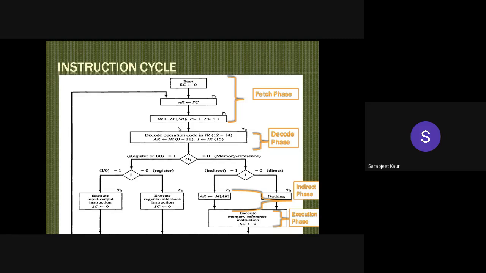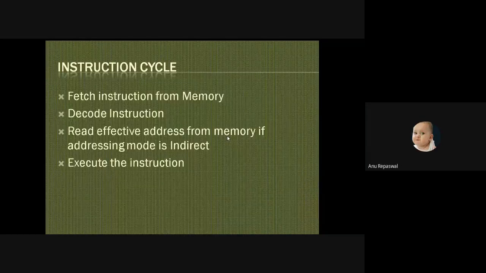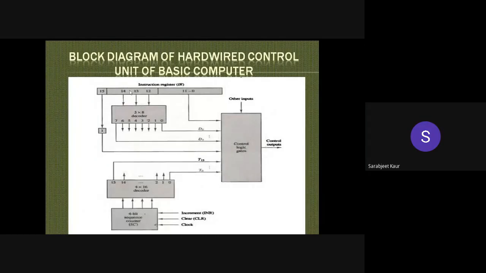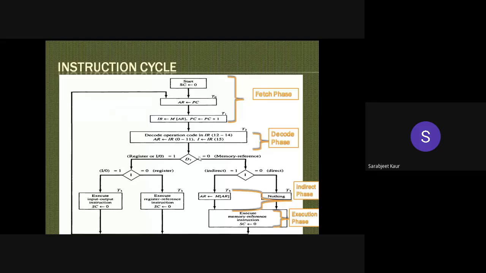First, let us just see the micro operations corresponding to the decode phase. We decode the operation code in the instruction register, which is present in bits 12 to 14, by applying a 3 cross 8 decoder here. And the 15th bit is transferred into the flip flop I. You saw it in the last class.